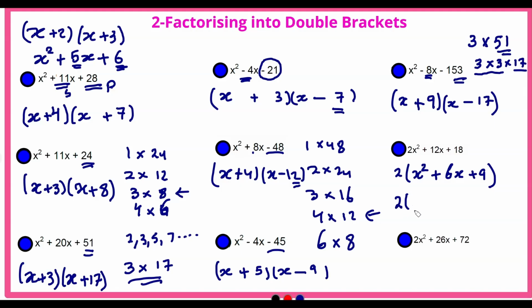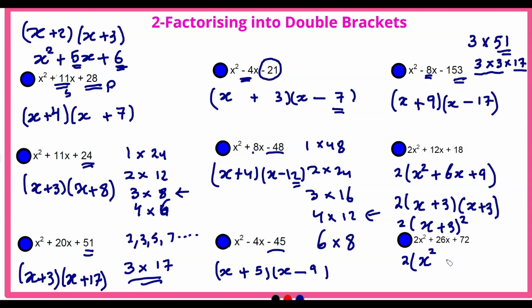The 2, leave it as it is. It becomes x add 3 times x add 3. When you multiply something by itself, that's called squaring, so you can write it like that as well. 2 times x add 3 squared.